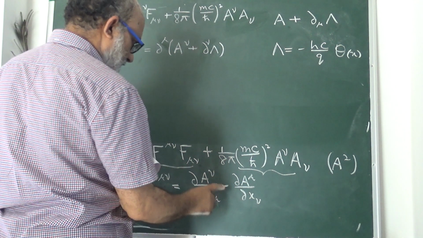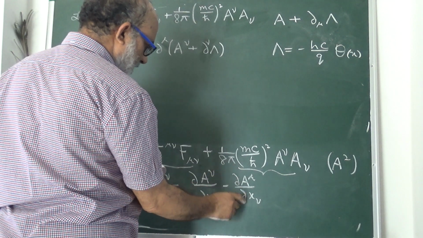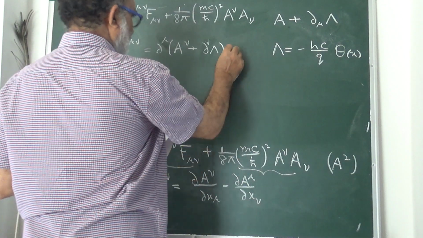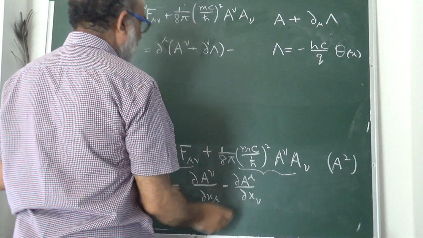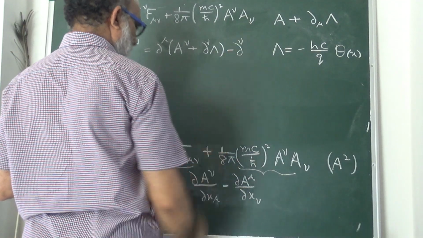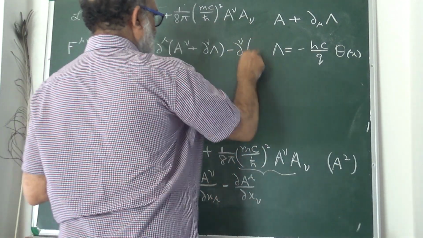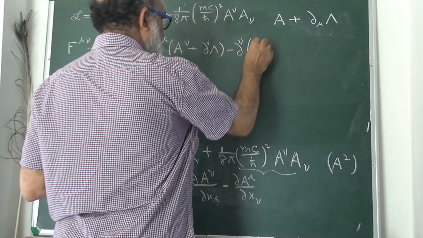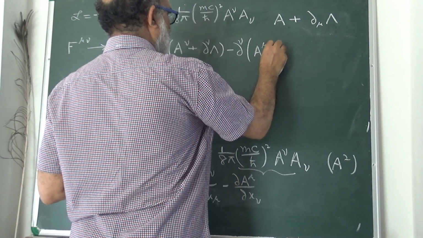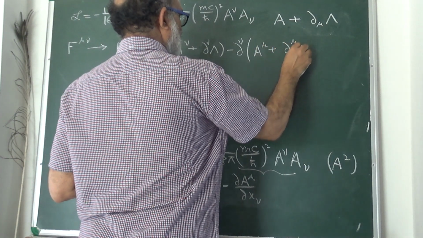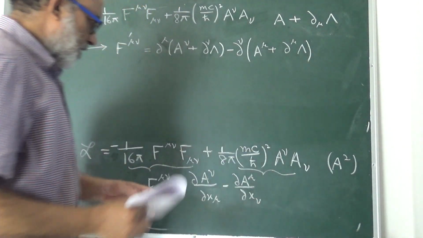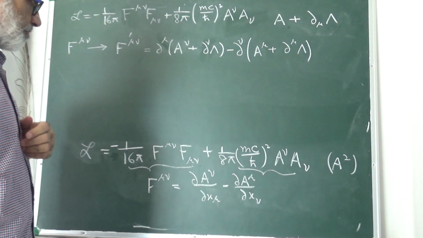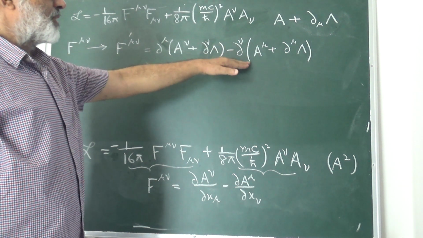Next, minus del by del x nu, and A mu is transformed to A mu plus del mu lambda.